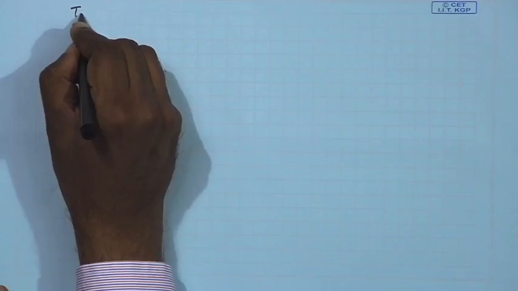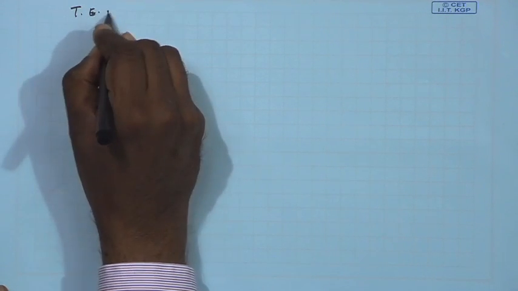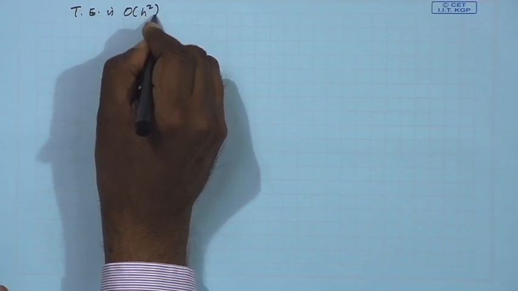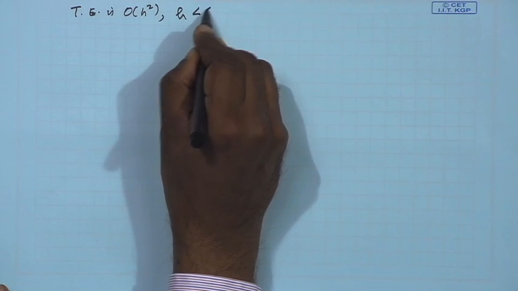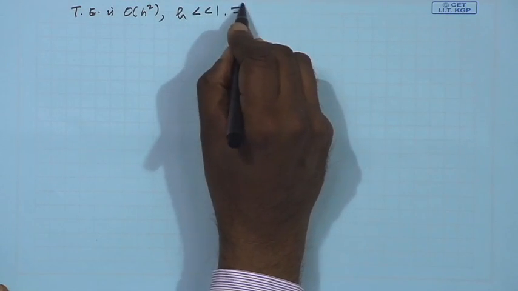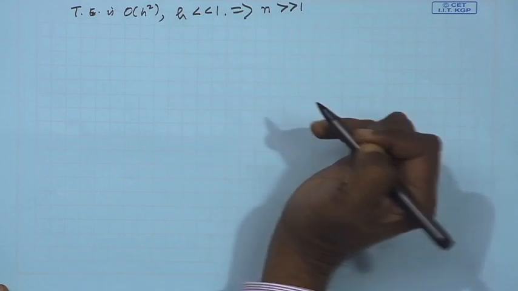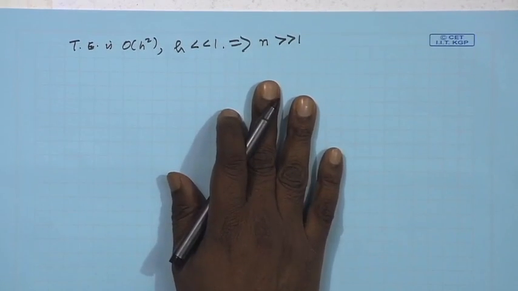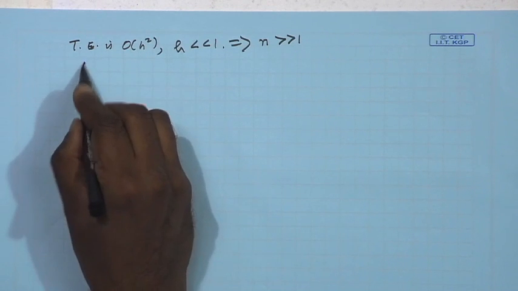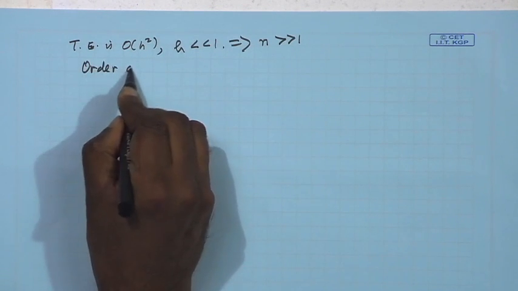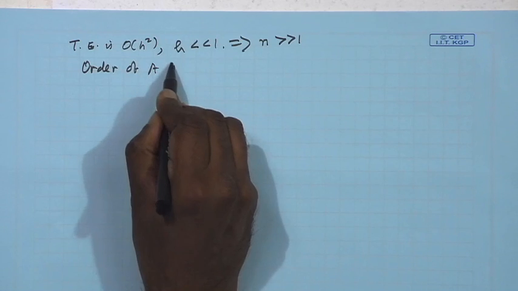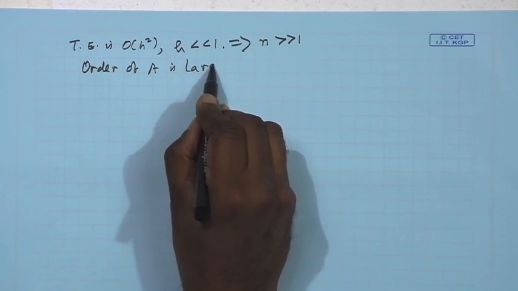Now, here one thing to be noted is that the order of accuracy, the truncation error, is order h square, so h has to be quite small. So, this implies the number of grid points n is quite large, that is to say the order of A is large.